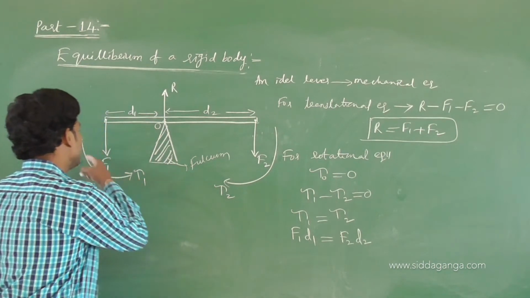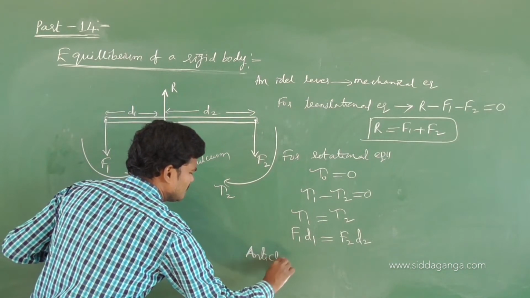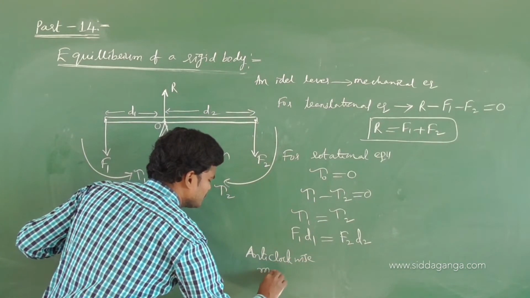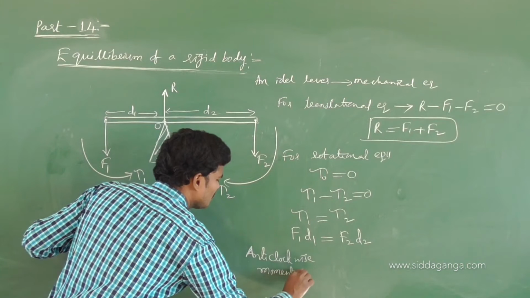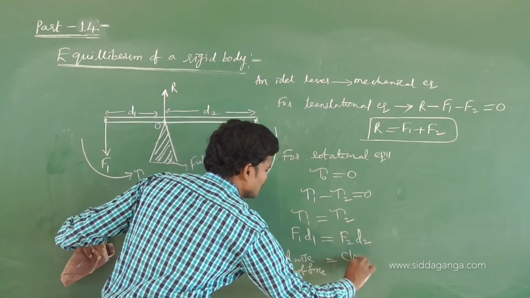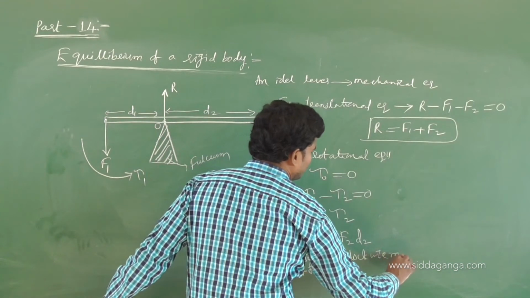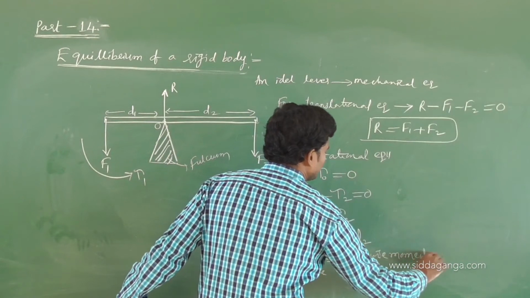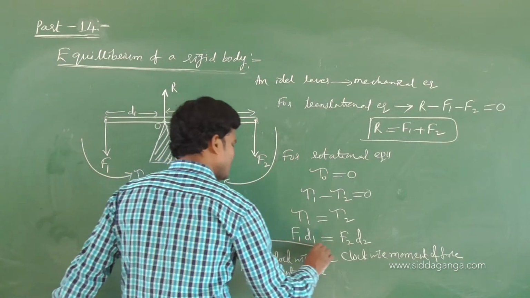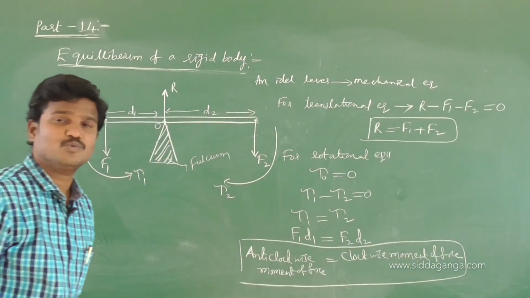Here, force into distance we can call anti-clockwise torque, otherwise a moment of force. And this is clockwise torque, otherwise clockwise moment of force. Now I got one equation: anti-clockwise moment of force is equal to clockwise moment of force.